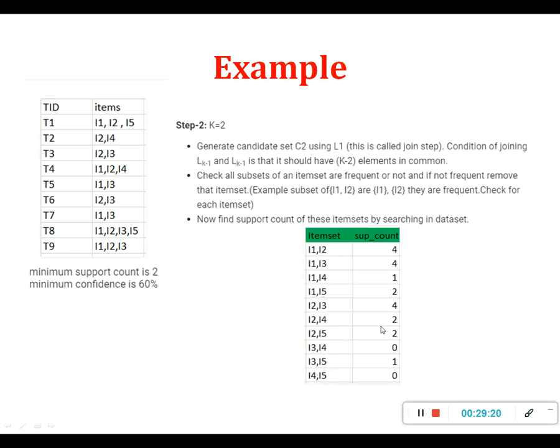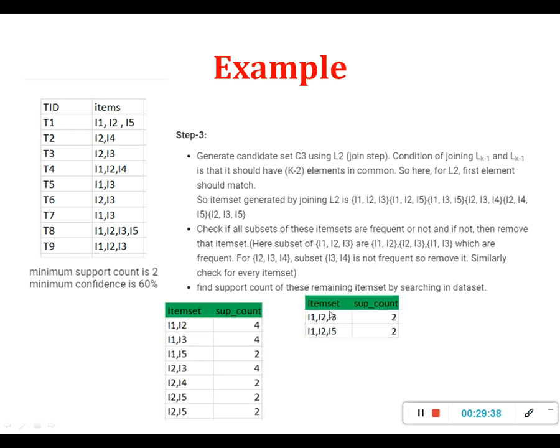So whenever I am saying that I1 and I2's subsets are frequent, then I am putting them into my L2 list. If I am saying that I1 and I2 are not frequent, then I will not put that into the list.